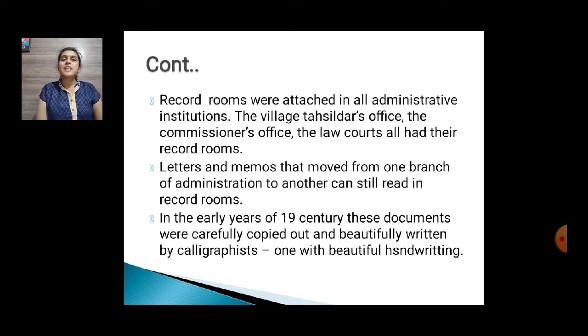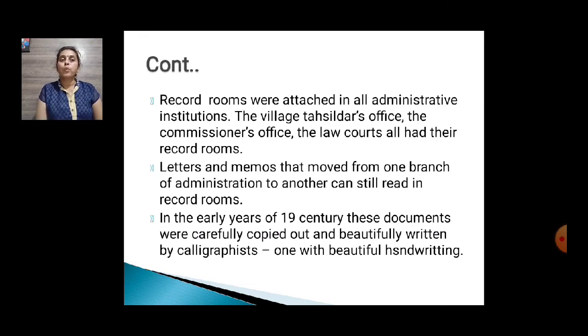And letters and memos. Memo means a warning. If any person receives a memo 3 times, that is an ultimate warning, and he will lose his job if he is doing any job.